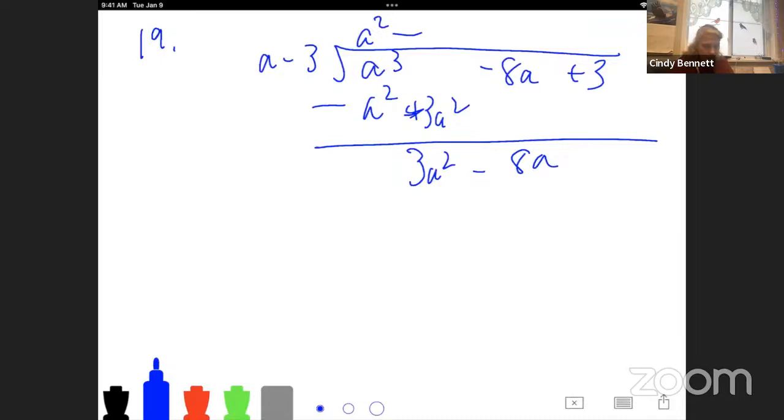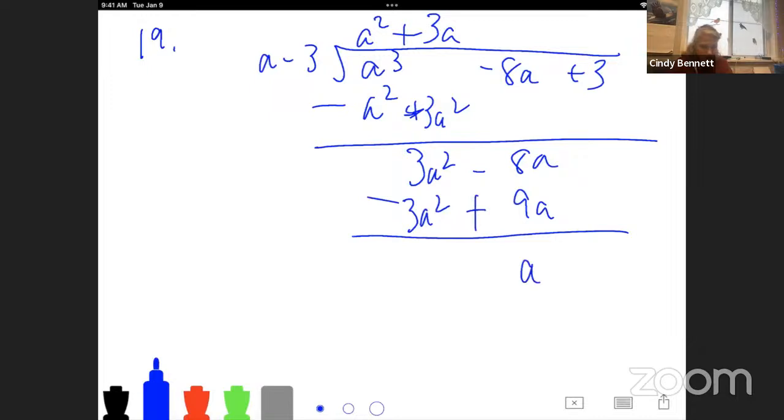So positive 3a times a is 3a squared minus 9a. Change all the signs. I get positive a plus 3. So a times a. So it's going to be plus 1. So a times 1 is a minus 3.